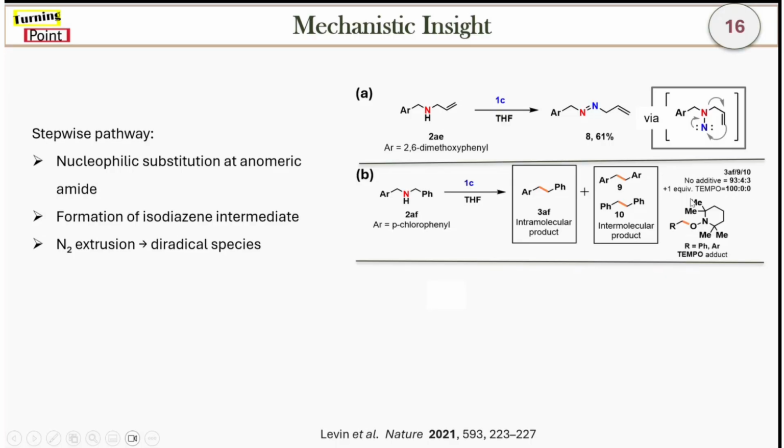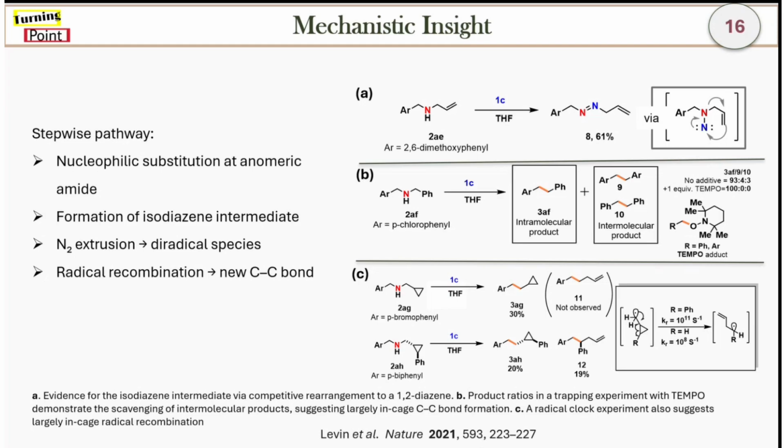But when they added the TEMPO, it only gives 100% intramolecular product, because this intermolecular product, which forms out of cage, is scavenged by this TEMPO radical scavenger. So from here they confirmed that it is going through this in-cage radical coupling.